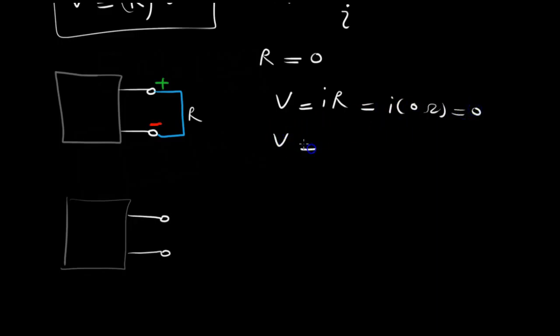So that means that the voltage drop across the component is going to be 0. So there's some current flowing through, and the current could be anything, but since the resistance is 0, the voltage is not going to be dropping at all.